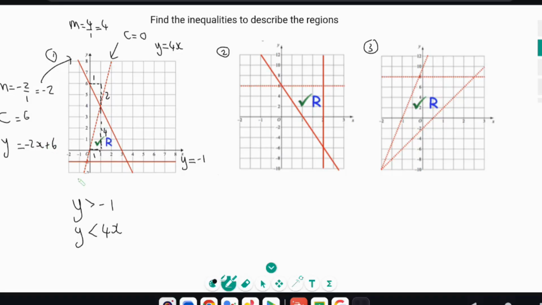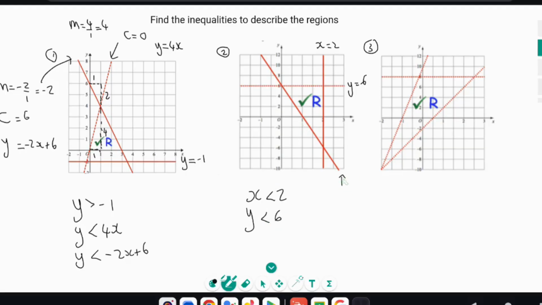The region is below the line. So y is less than minus 2x plus 6. Okay, we've got x is equal to 2. Shading's to the left, x is less than 2. We have y is equal to 6. Shading's below the line, so y is less than 6.